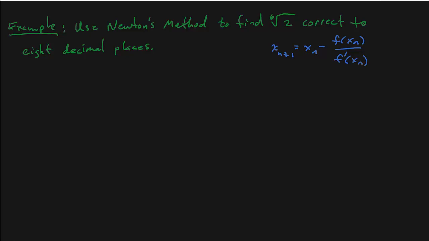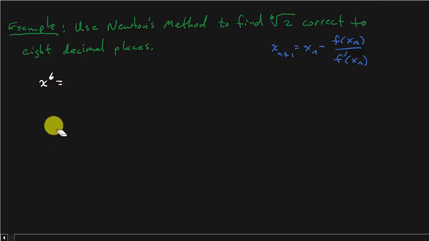So for our function, we would have what? x to the 6 minus 2 equals 0. That would be our equation, wouldn't it? Because think about it, if you solve this, you get x to the 6 equal 2, x equal the 6th root of 2.